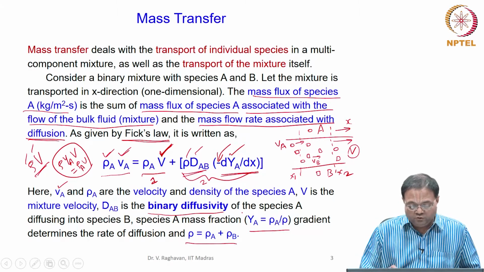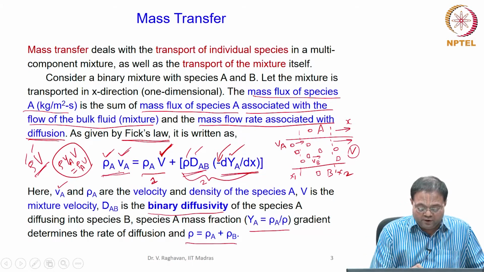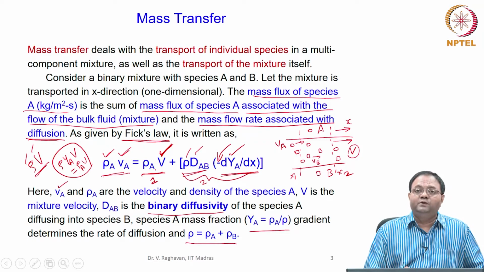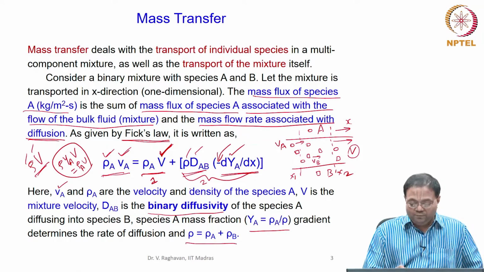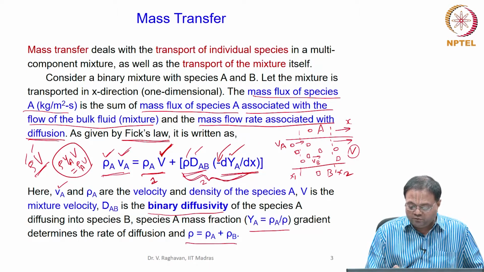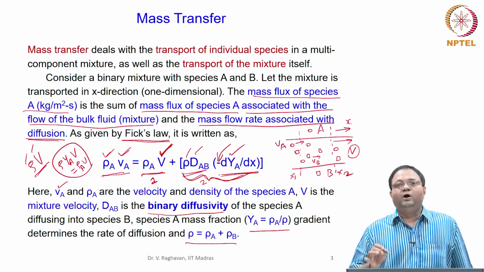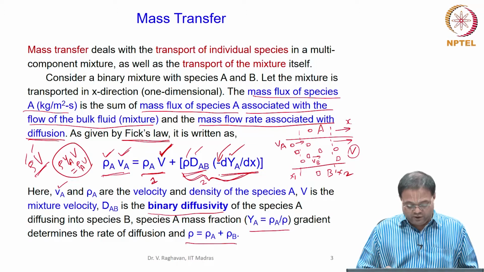Now this is the important statement where you have a mass flux of species A represented as the sum of the mass flux of species A due to the bulk motion of the mixture plus the mass flow rate of the species A due to diffusion because of the concentration gradient, represented here by the mass fraction gradient.